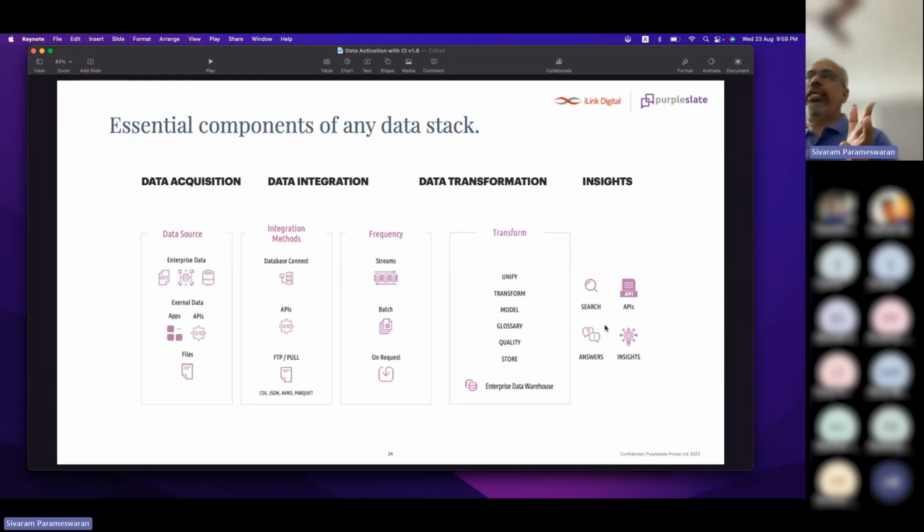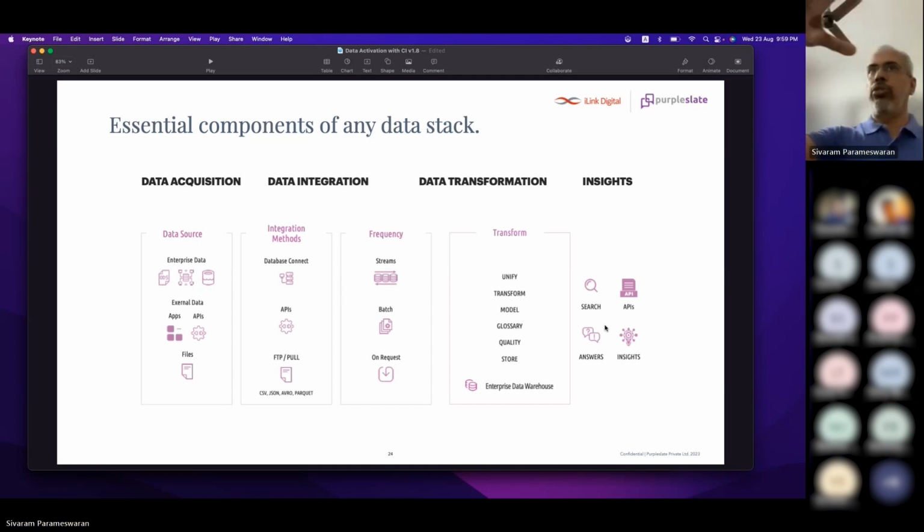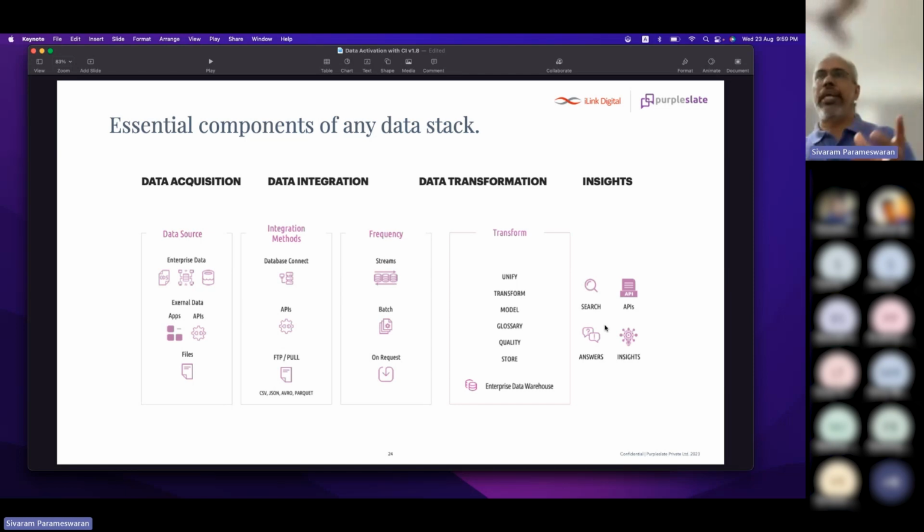If you look at any modern-day data stack, there are four major steps. The data acquisition, from all the source systems through which we get the data. There is the data integration layer where we combine these. It could be from files, transactional data versus customer data, billing data, orders.